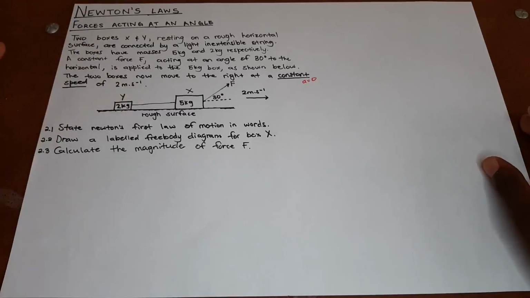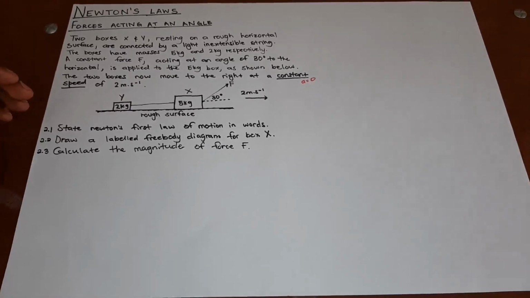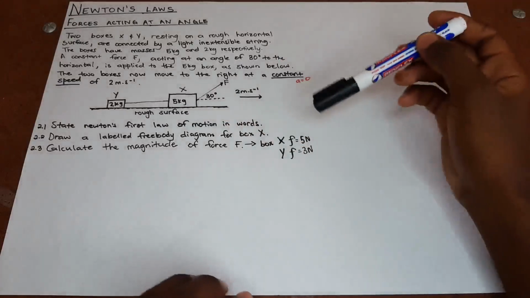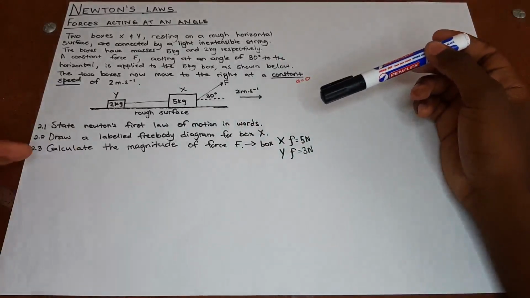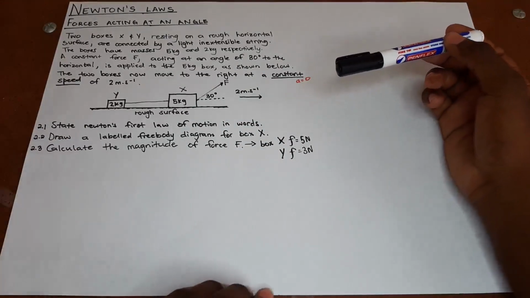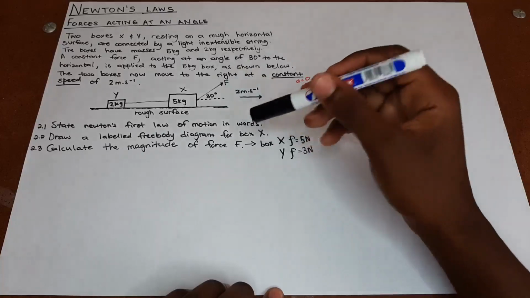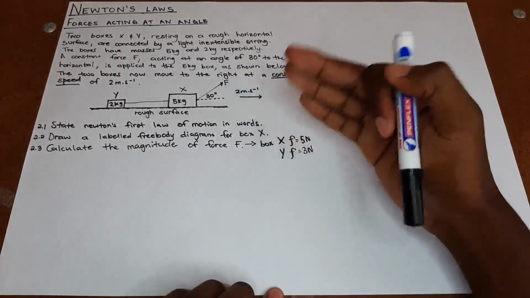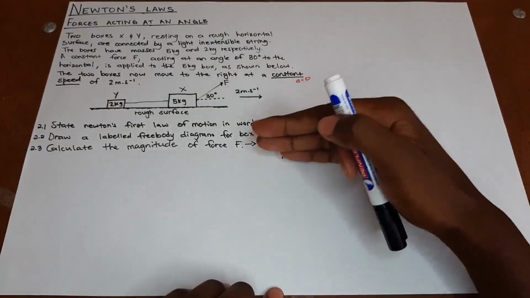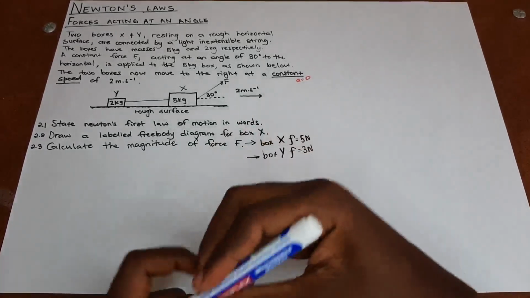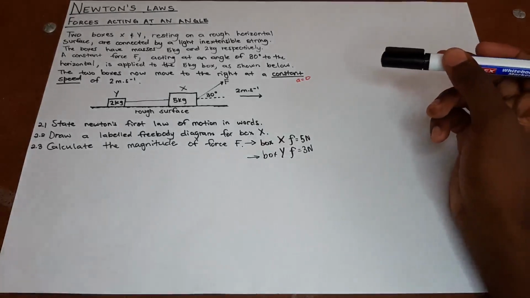So if the surface is rough, and if I jump to question 2.3, it says calculate the magnitude of force F, where box X experiences a frictional force equal to 5 N, and box Y experiences a frictional force equal to 3 N.